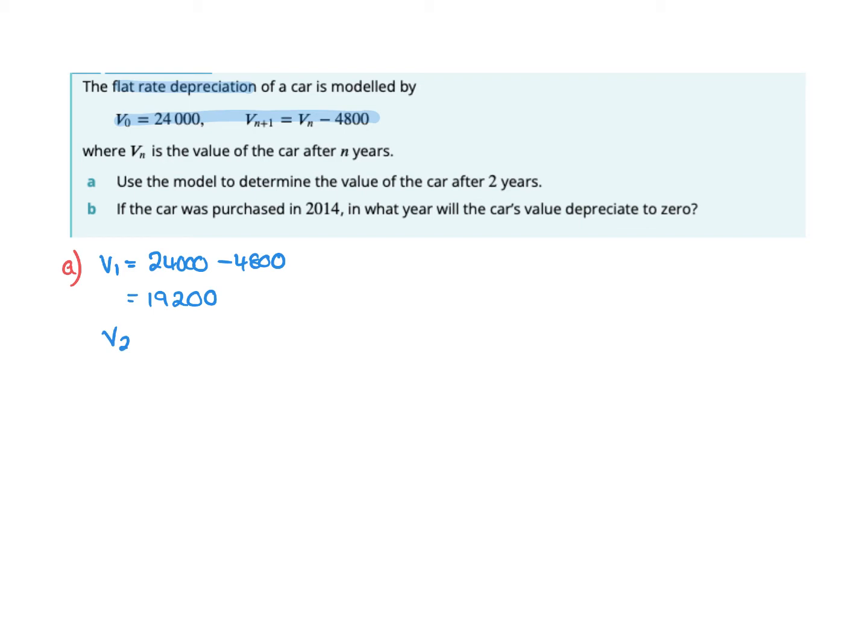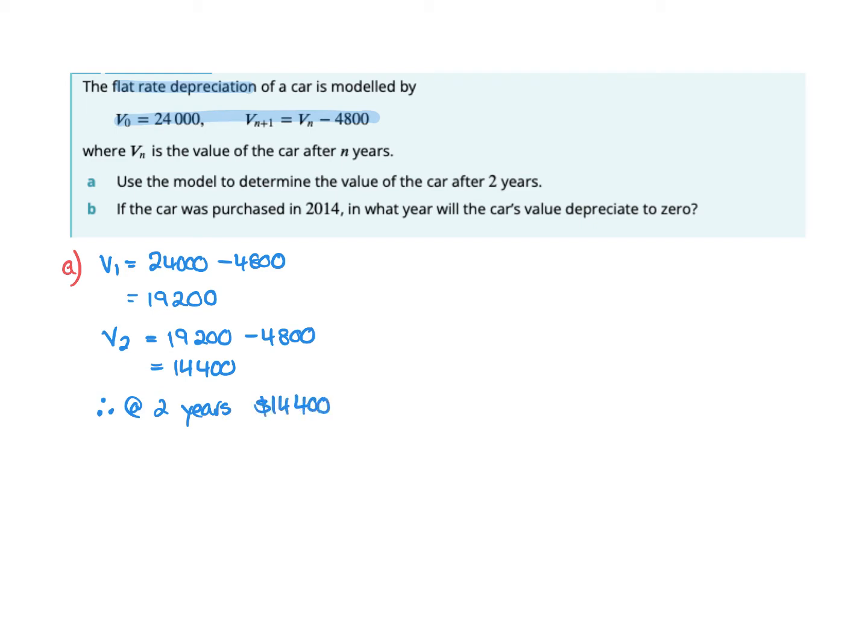Then you're going to get V2, and you say that's 19,200 minus 4,800, and you get your answer, 14,400. So you might make a little statement: therefore at 2 years it is 14,400.